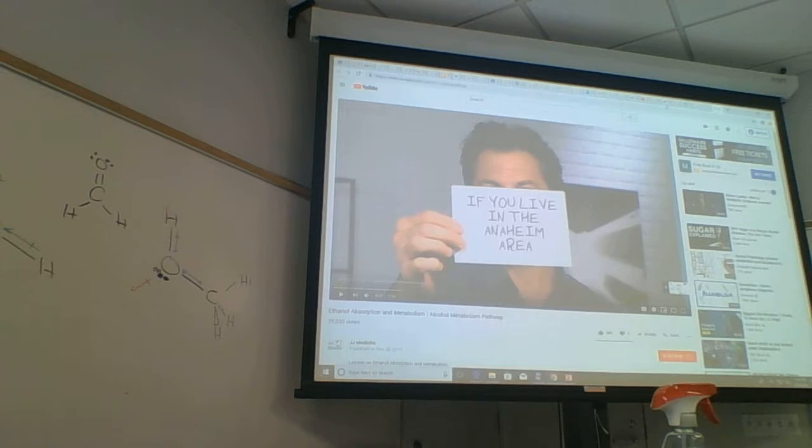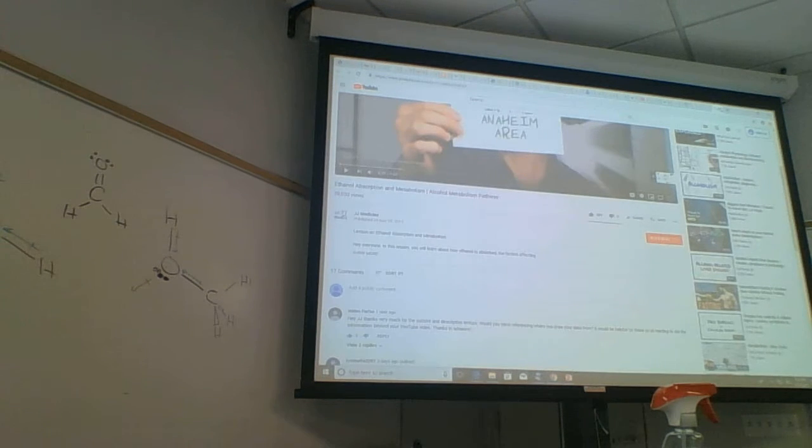These aldehydes are not friendly. If you've ever smelled formaldehyde, it smells awful, right? If you drink ethanol, you don't want your body filled up with aldehyde. And you don't want your body filled up with acetic acid like vinegar. You want to metabolize that stuff quickly.